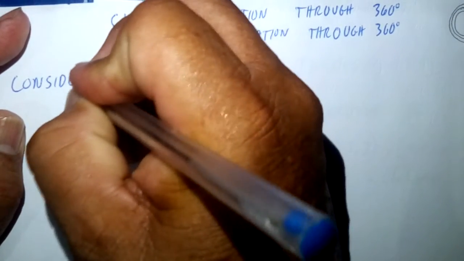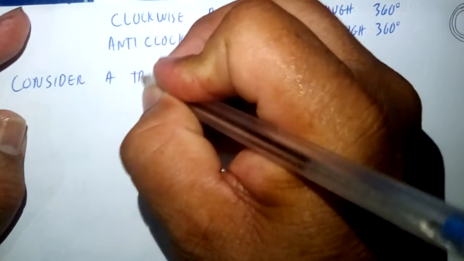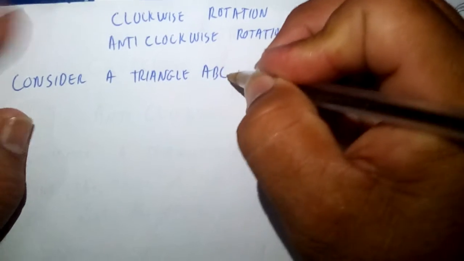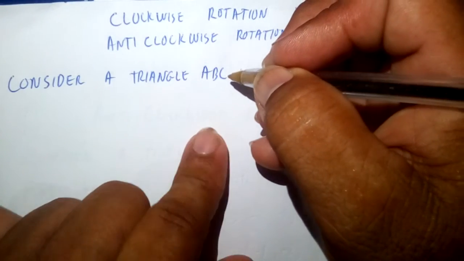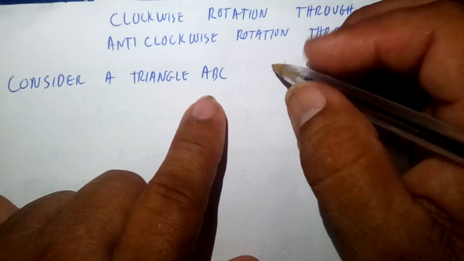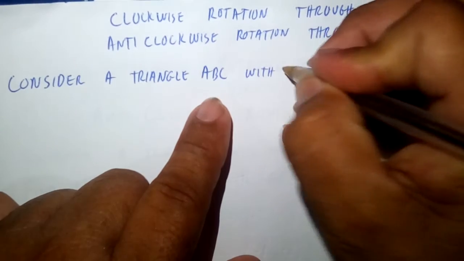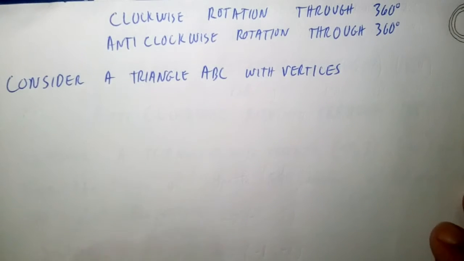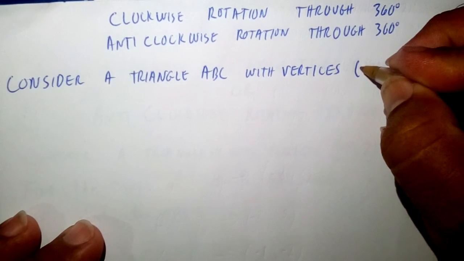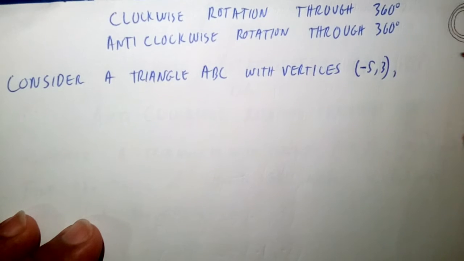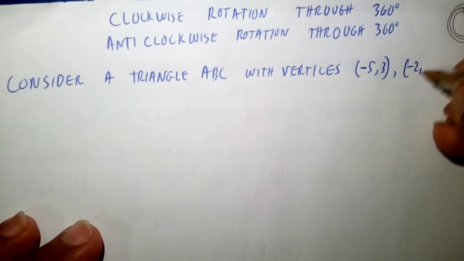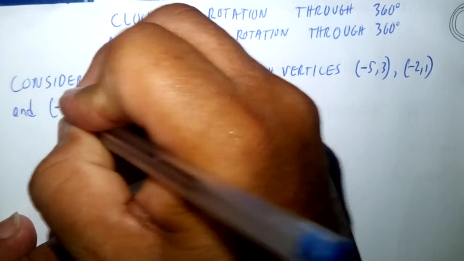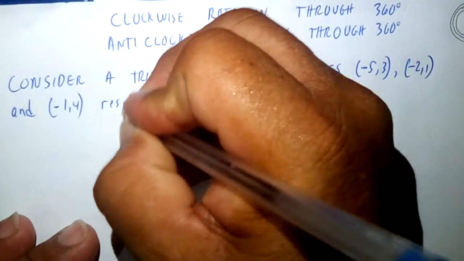Consider a triangle ABC, and if they don't give the label of the triangle, then you label it. All right, so triangle ABC with vertices, and the vertices values are as follows: (-5, 3), (-2, 1), and (-1, 4) respectively.